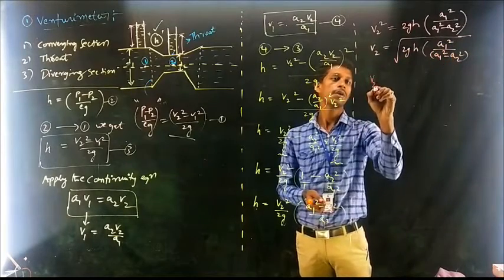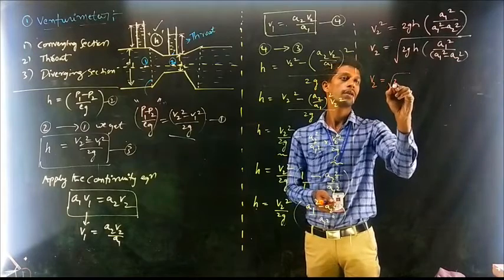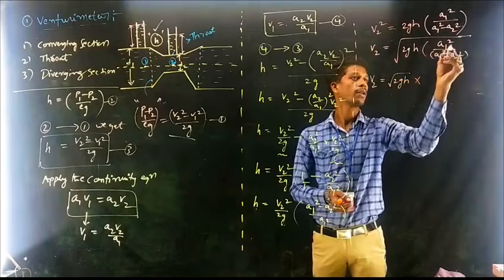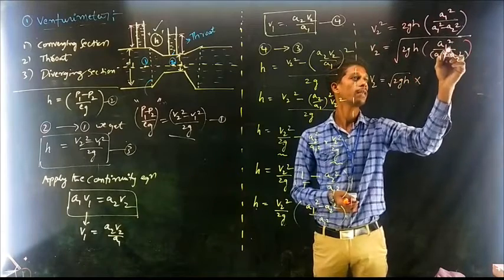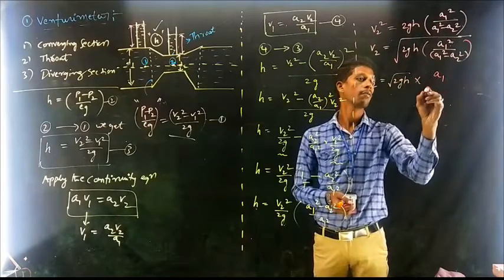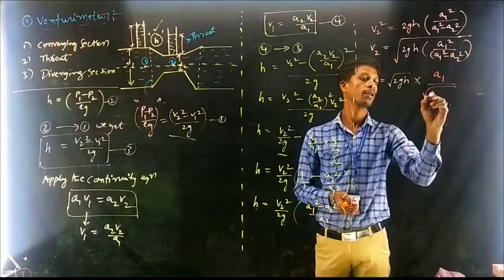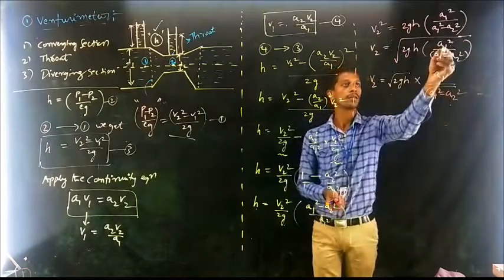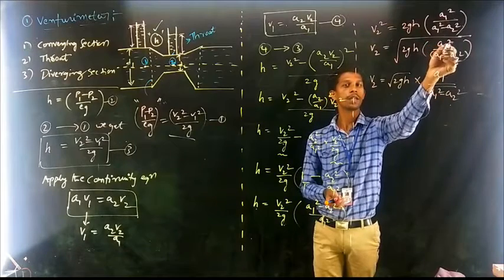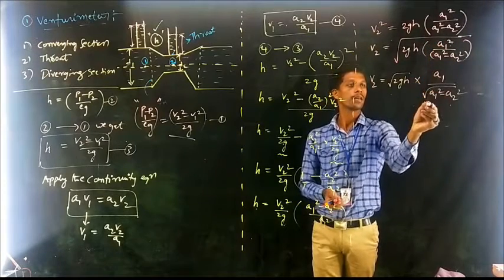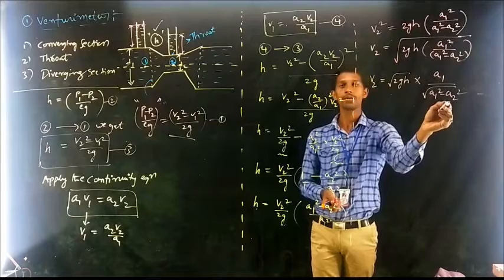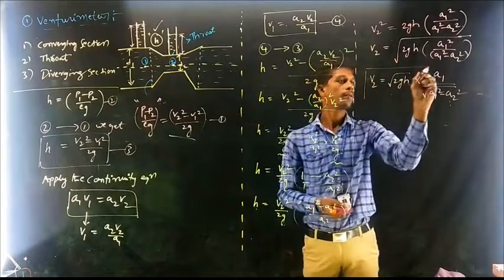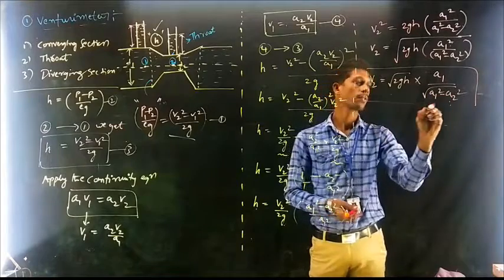So V2 is equal to square root of 2GH into square root of A1 square, what you will get is A1 by square root of A1 square minus A2 square. Under the root, this A1 square will be A1 and this root will come to this form. So here we got the value for V2.